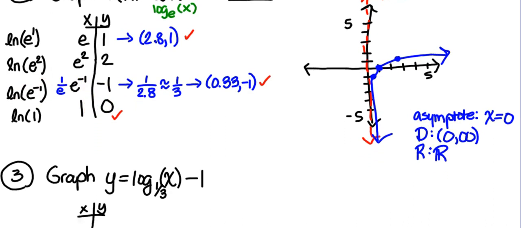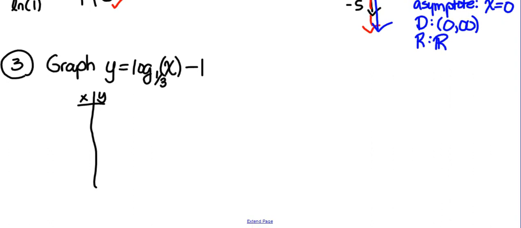So applying that same thought to number 3, I see that I have log base 1/3. So what's going to be my go-to value? Well, let's start with 1/3. Again, no calculator.